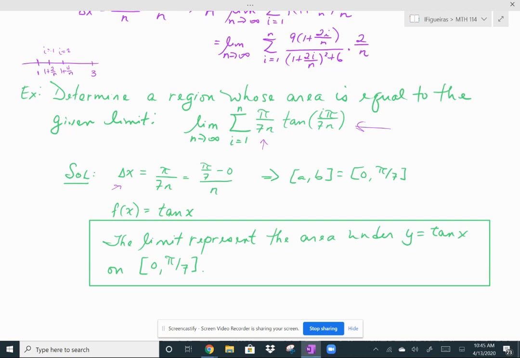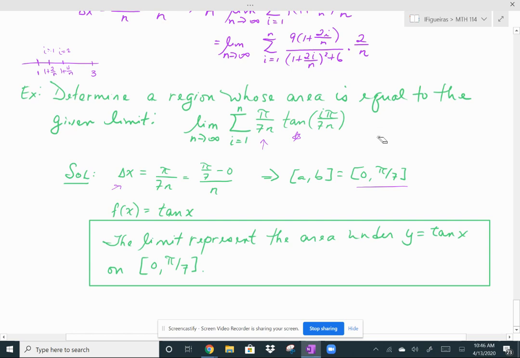All right, so how would that occur? Well, that would occur if you have pi over 7 for b and 0 for a, and then the n is always in the formula. And if you resolve that, you would get pi over 7n. So your interval would be from 0 to pi over 7. And your function is clearly tangent.